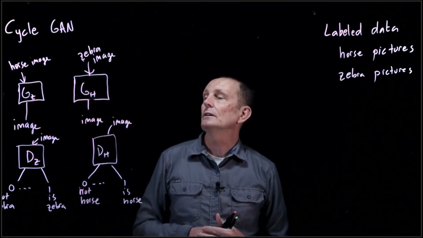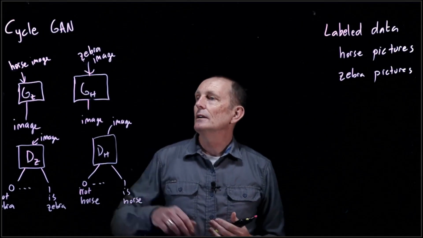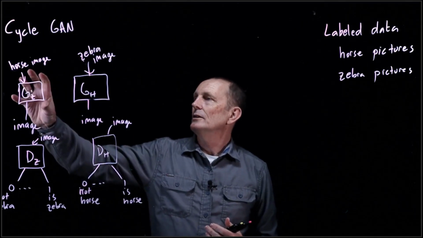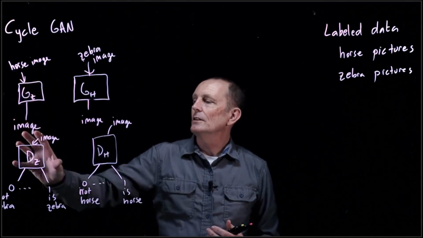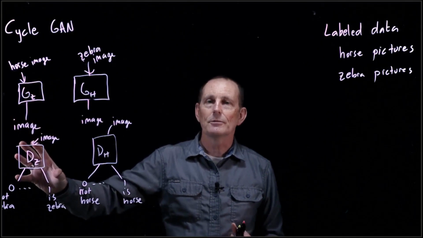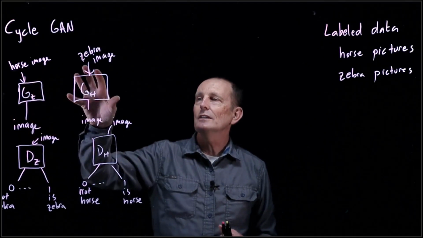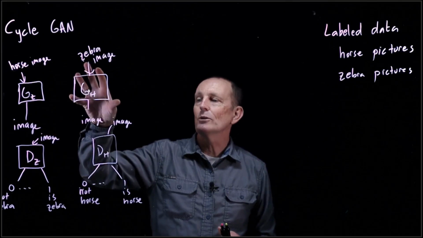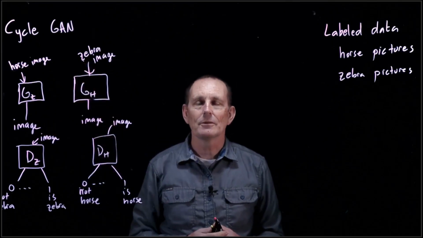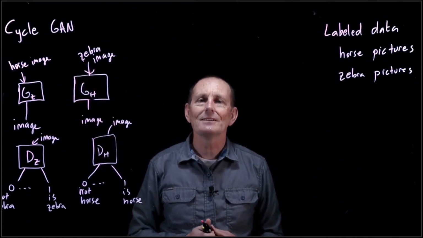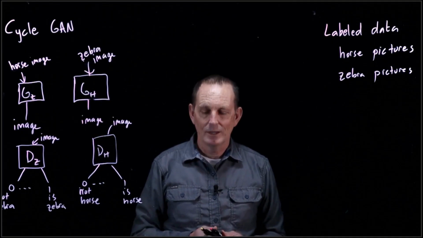So we know how to train the zebra generator to generate zebra images that will fool the discriminator. We know how to train G sub h to generate horse images that will fool the horse discriminator. Here's the problem, though.